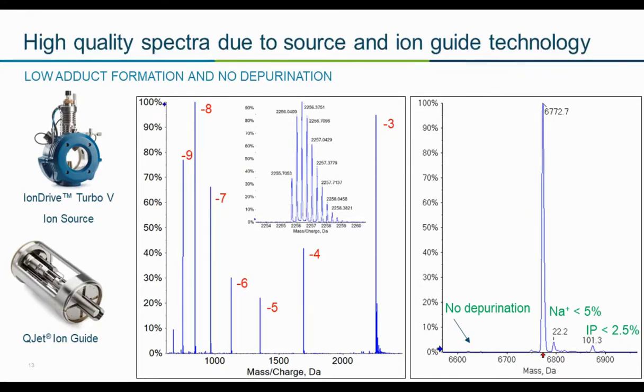What you're seeing in the middle of this page is the master charge envelope. So you see the -9 charge state down to the -3 charge state, and inset is the deconvoluted intact molecular weight of the oligonucleotide compared to the overall spectra you'll get.